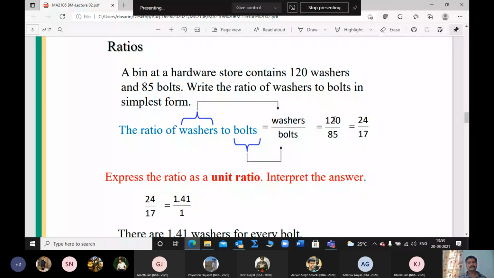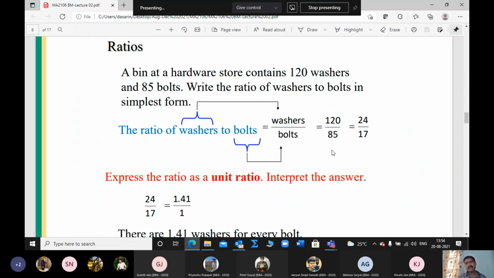If you cancel this out with the 5 table, we get the simplest form of the answer as 24 divided by 17. As far as this question is concerned, 120 divided by 85 is also a correct answer. But if you want to calculate the ratio in the simplest form, we have to see if there is any common factor between those two numbers.